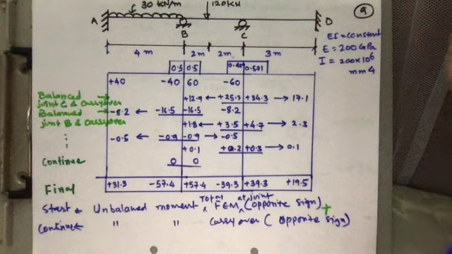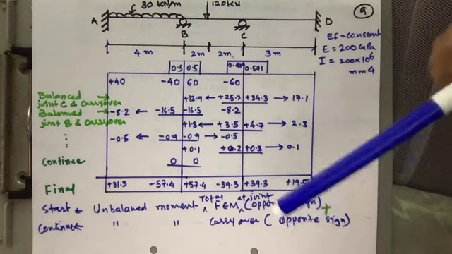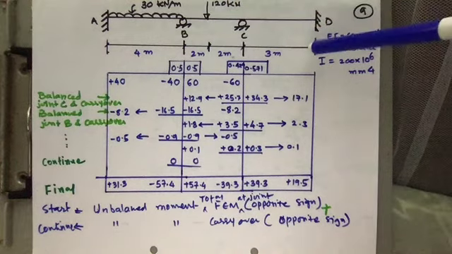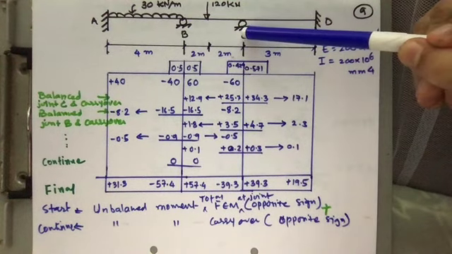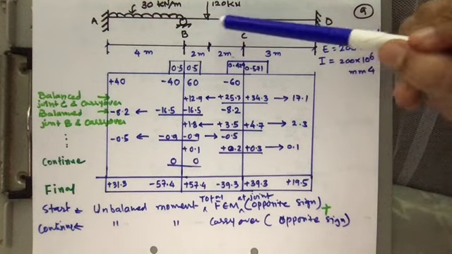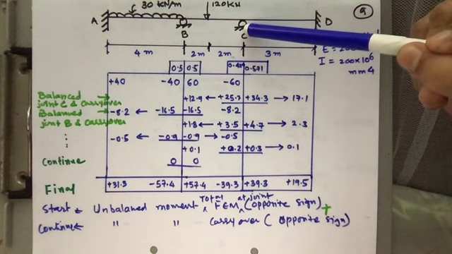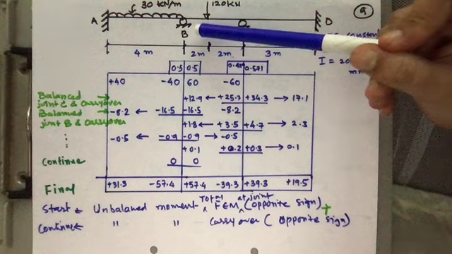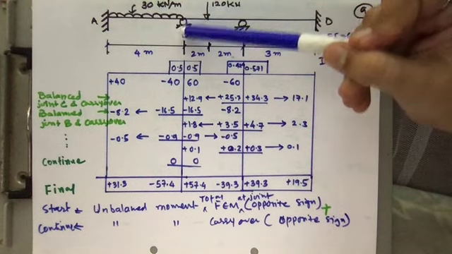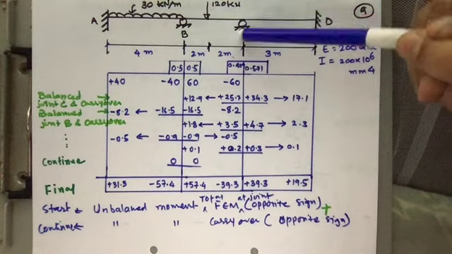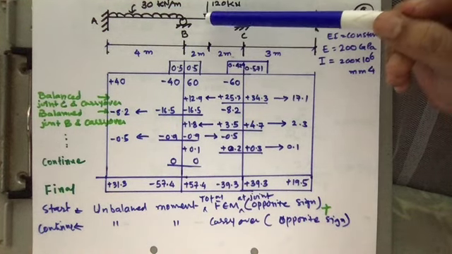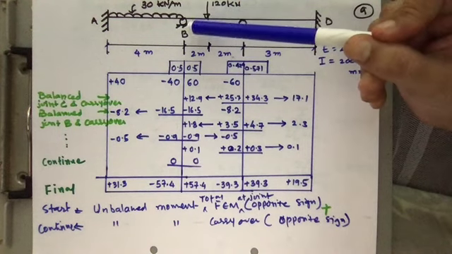Now what is the actual process of the moment distribution method? In this beam you can see that joint B and joint C are going to have rotations. In the moment distribution method, initially we assume that these two joints, which actually undergo rotations, have imaginary clamps.